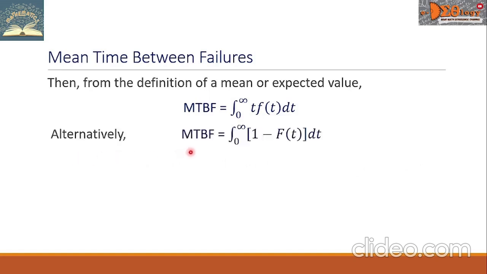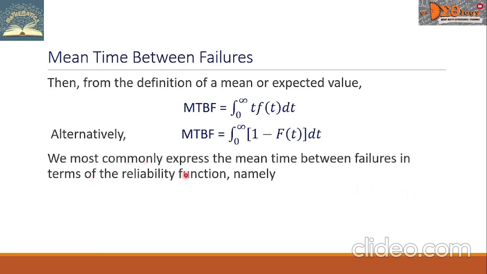Alternatively, we have this formula for MTBF equals the definite integral from 0 to infinity of this quantity 1 minus capital F of t, then dt. This capital F of t is the cumulative probability function.